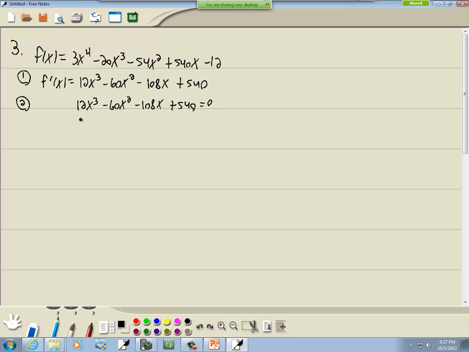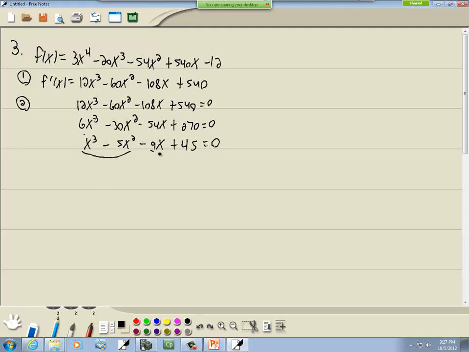So if I divide everything by 2, this becomes 6x to the 3rd minus 30x squared minus 54x plus 270. Now after I do that, I notice that it looks like all these are divisible by 6. So I can divide everything by 6. So that gives us x to the 3rd minus 5x squared minus 9x plus 45. Now you can do this because you got an equation. You got 0 on one side. So you can divide everything by a number.